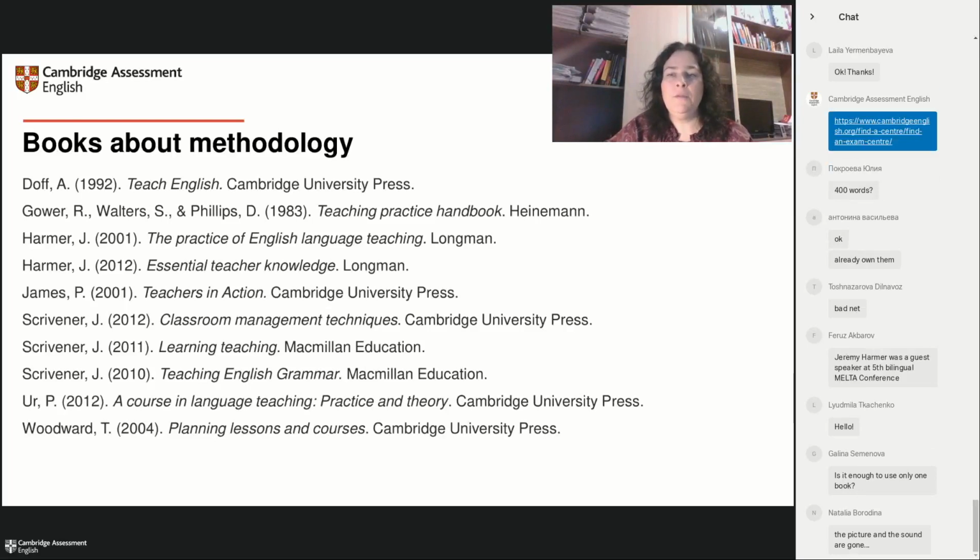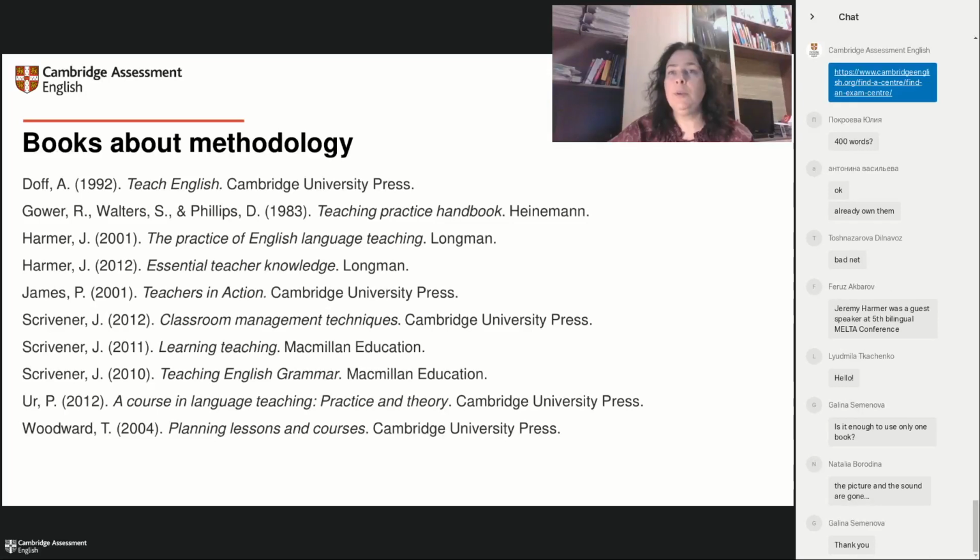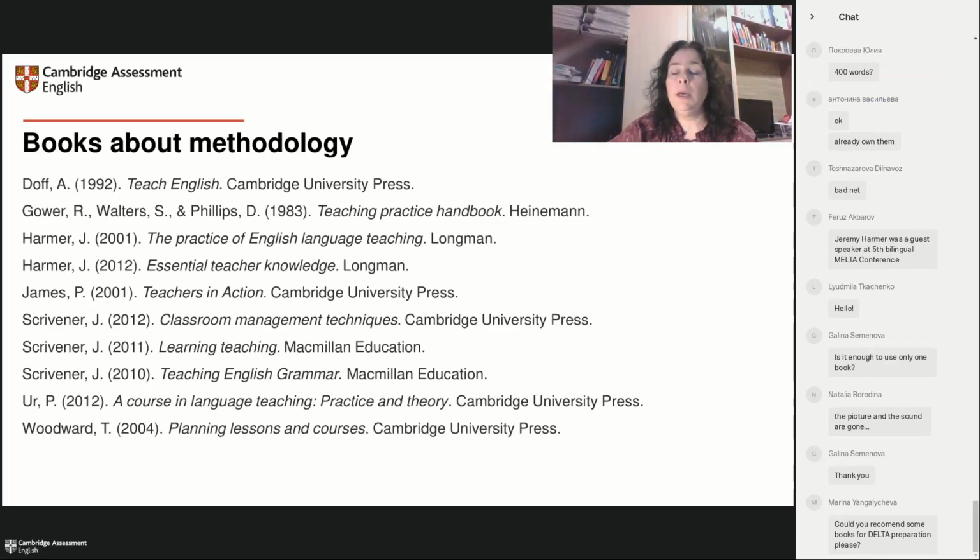Galina is asking if you need to use all of the books. Well, to be honest, no, there is no such requirement. You can just use their online resources, which are free. And if you feel confident, if you think you're good at taking all the tests, the task types look familiar, you understand them, and you can do them relatively fast, then perhaps you don't need another book.